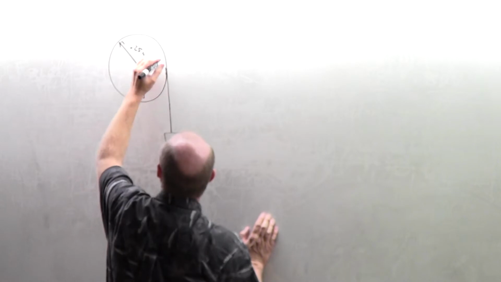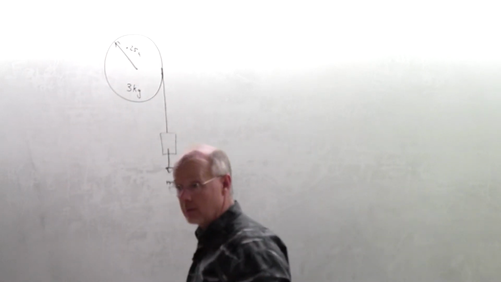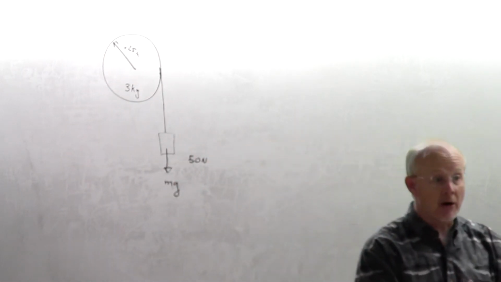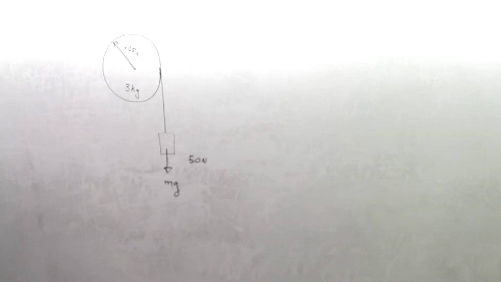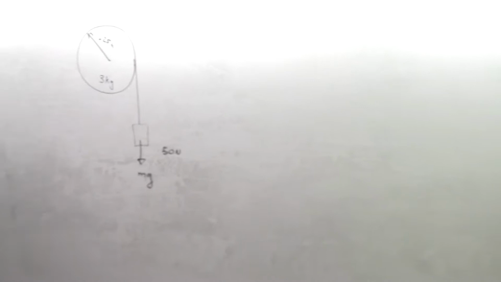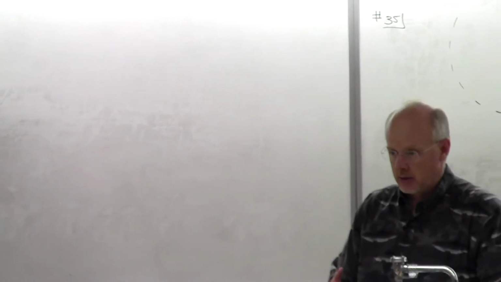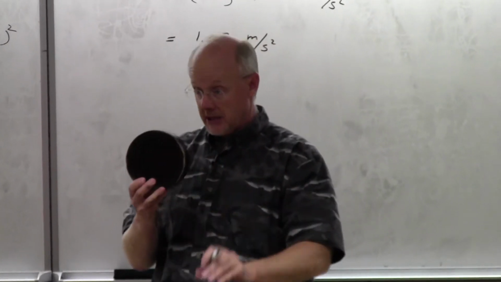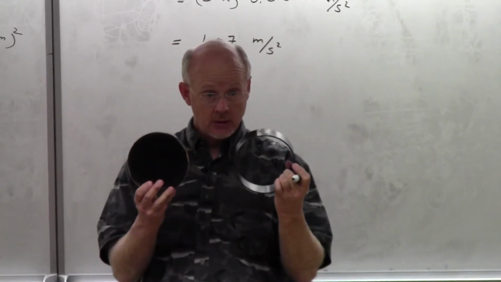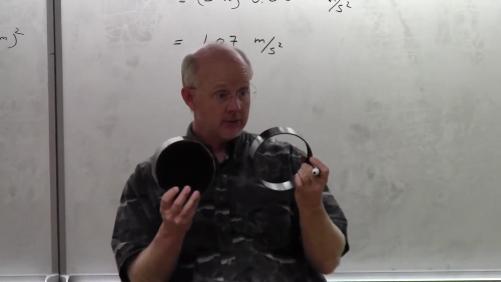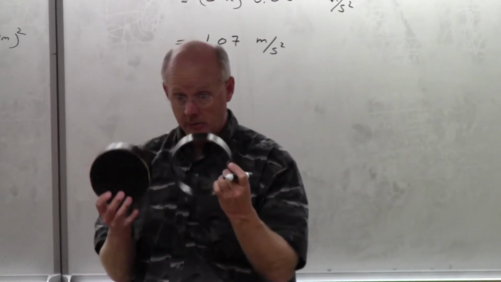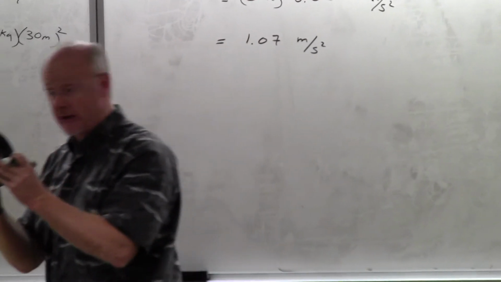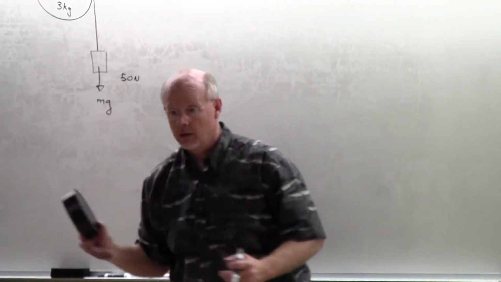The string goes up, wraps around it. Well, that's what that part was saying. The reel is a solid disc. Okay, so it looks like this one here. And does it matter if it looks like this one or this one? Oh, absolutely, right? It's been the whole discussion. So it's going to look like this one. So, like that.